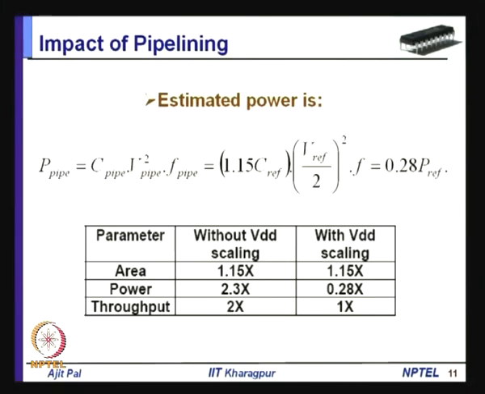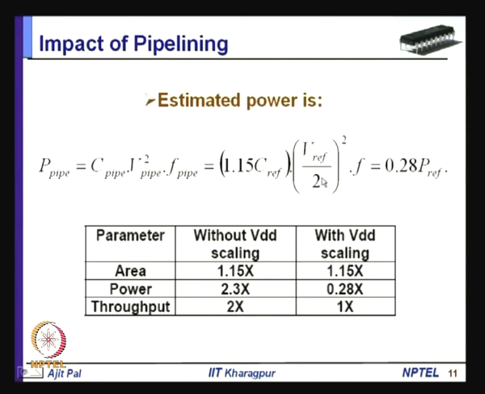We have seen in the parallel implementation using 2 parallel adders, the increase in capacitance was 2.2 C reference, but here it will be much less, 1.15 C reference, a 15% increase in capacitance because of the latches. However, you will be applying a supply voltage of V reference by 2.